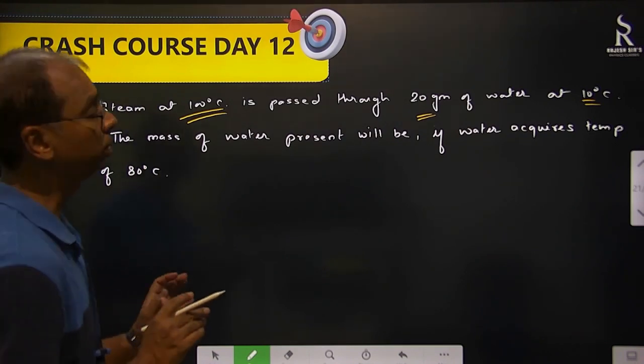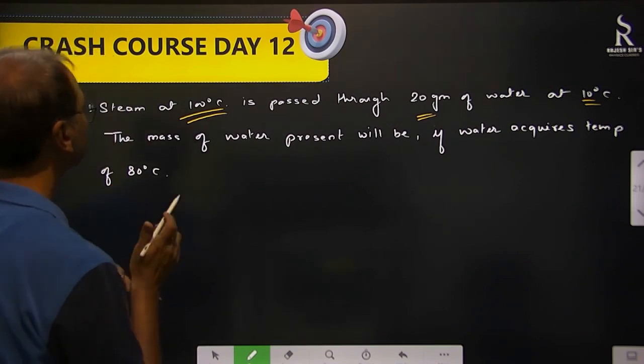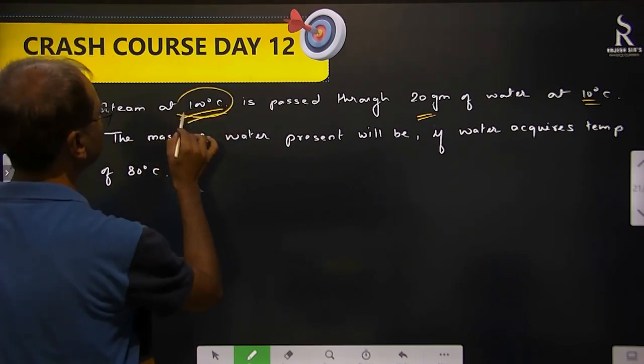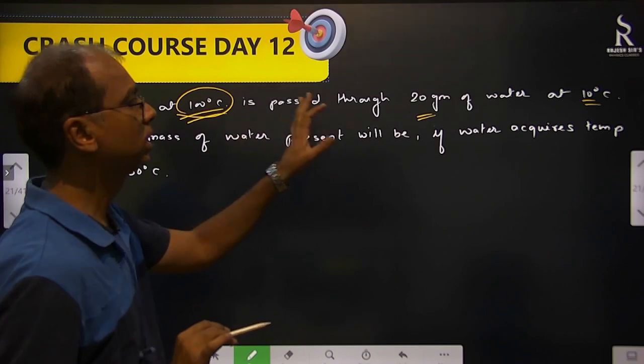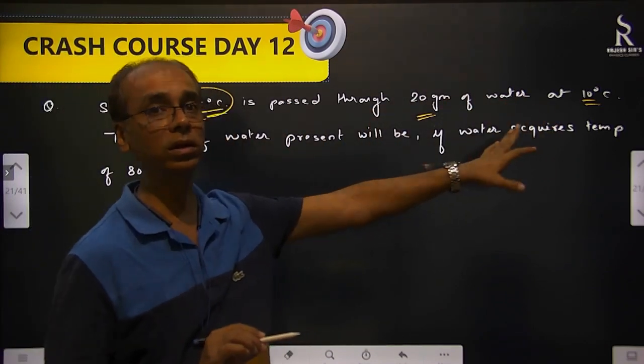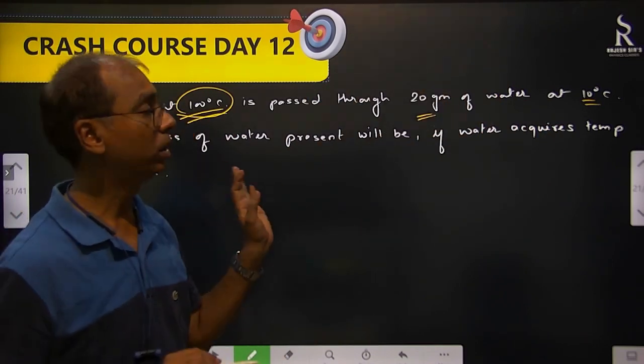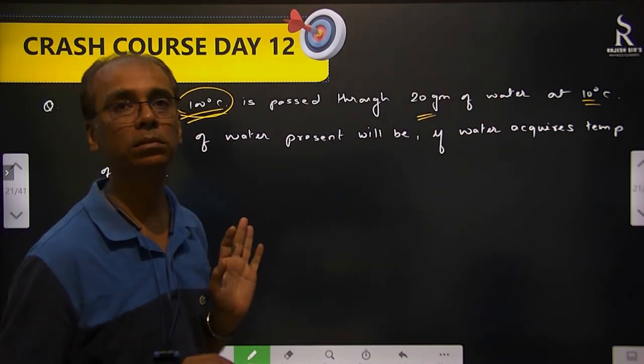Then how much will be the mass of water? One thing is clear, this steam is heating the water, but this steam cannot take the temperature of water from 10 to 100, only it could raise it up to 80.